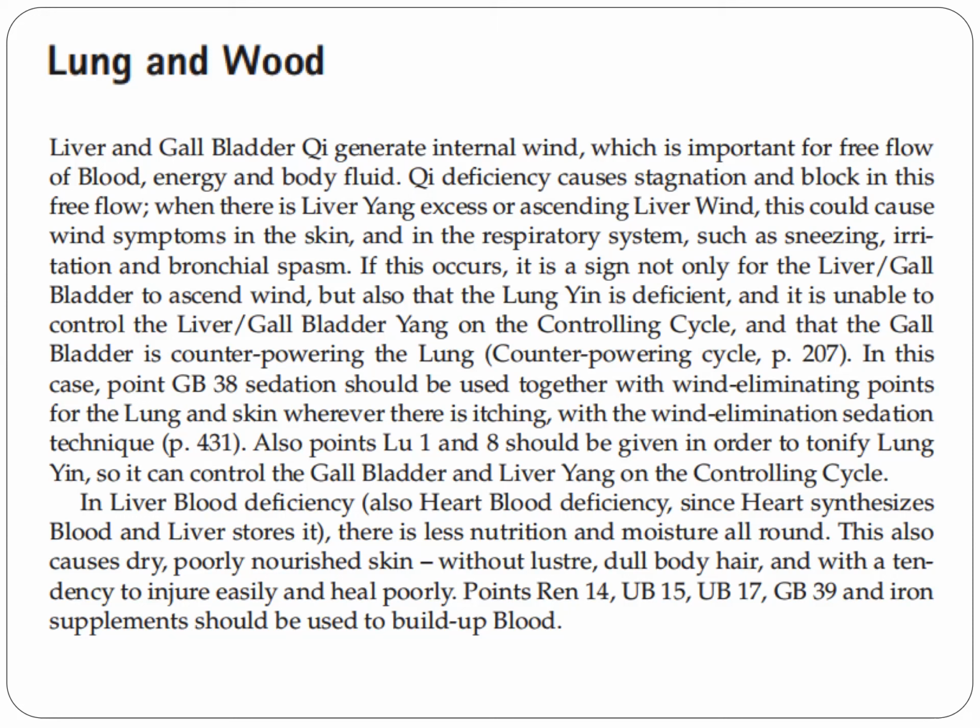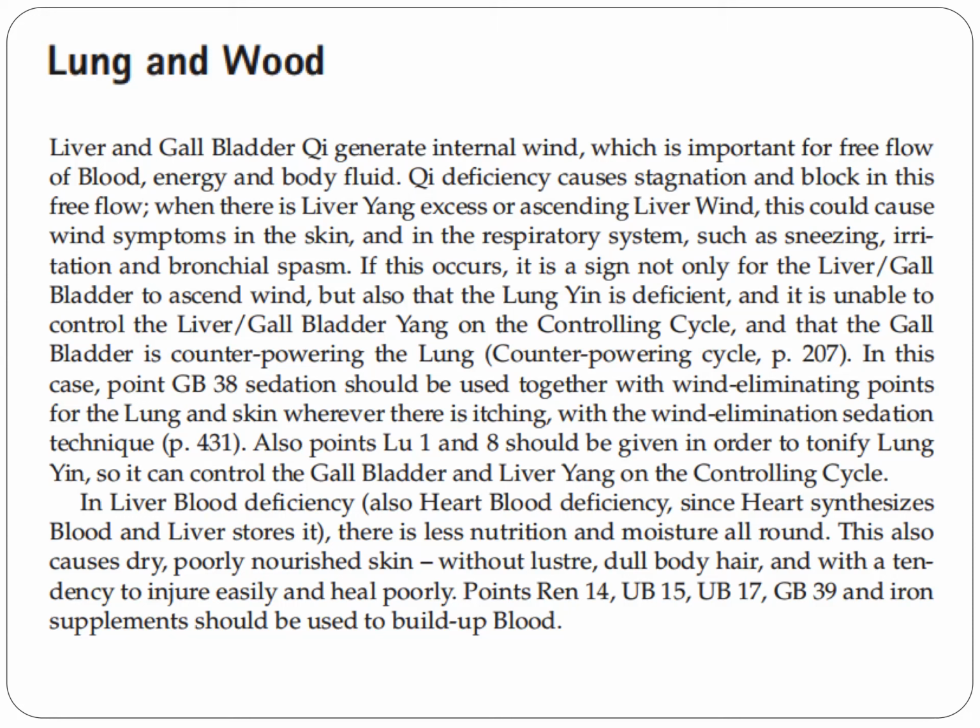If this occurs, it is a sign not only of the liver or gallbladder wind ascending, but also that the lung yin is deficient and unable to control the liver on the controlling cycle, and that the gallbladder is counterpowering the lung on the counterpowering cycle, page 207.